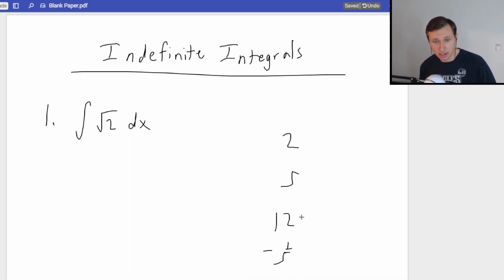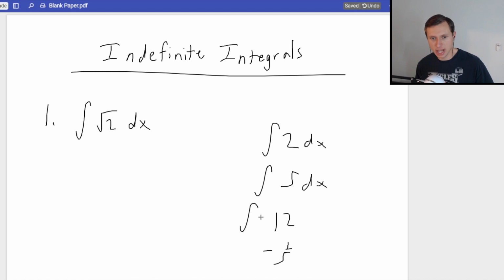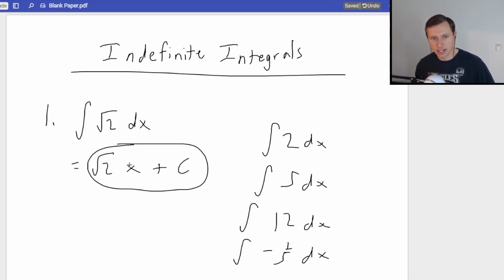It doesn't matter. Whenever you have an integral like this, I'll just write all of these real quick because all of them take 2 seconds to do. The integral of square root of 2 dx is going to be square root of 2 times x plus c, final answer. In other words, if you don't see an x in the integral, literally just add an x and you're done. So just to go down this list of 4 right here, integral of 2 dx is 2x plus c.